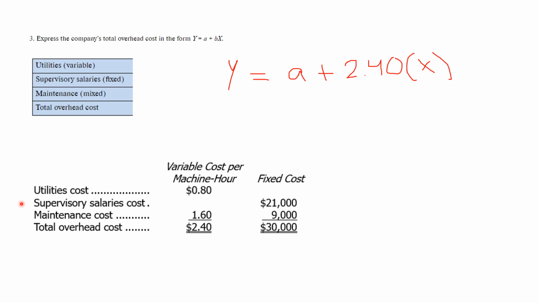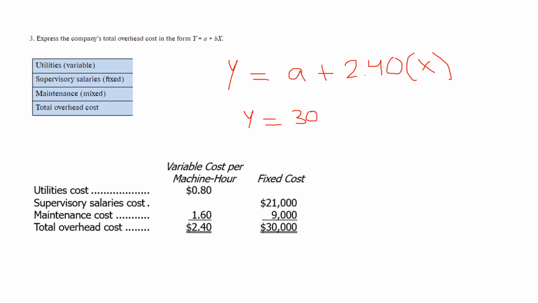Then for our maintenance costs, which we just figured out in the last slides, there is a portion that is fixed, and that fixed portion is $9,000. So to get our total fixed cost for overhead, we add together our 21,000 and our 9,000 to get 30,000.